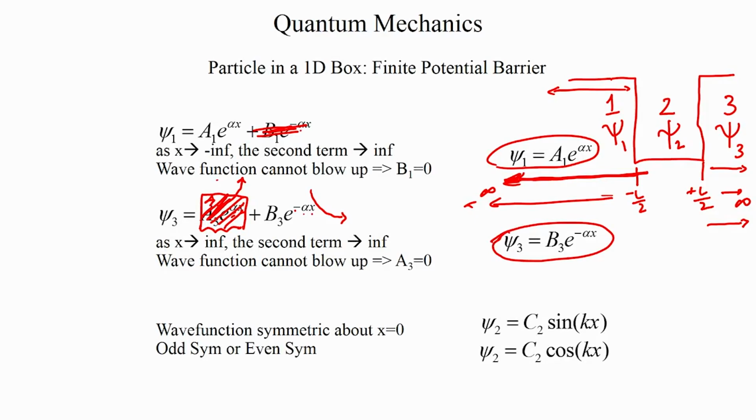Now in region 2 you could have sines or you could have cosines. In the case of an infinite potential well, if you remember, we had a general solution, I think we used A and B there, A sine kx and B cos kx.